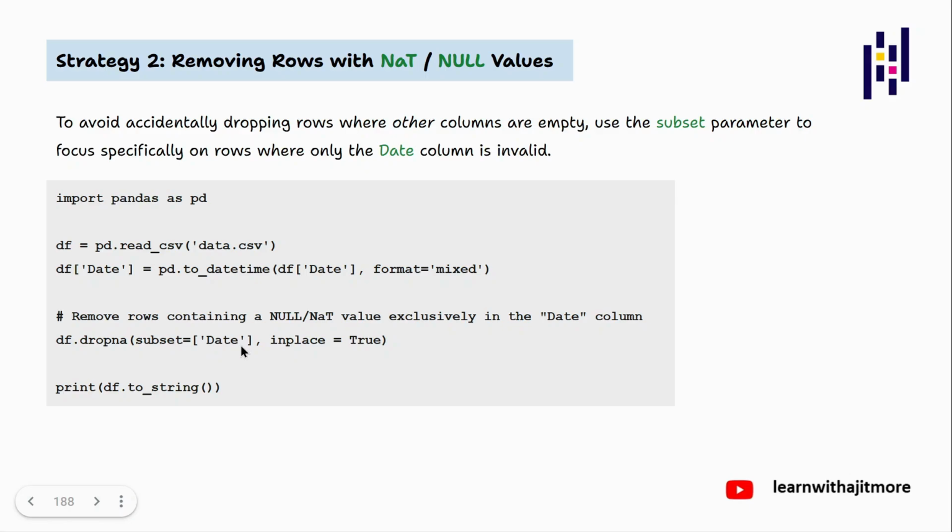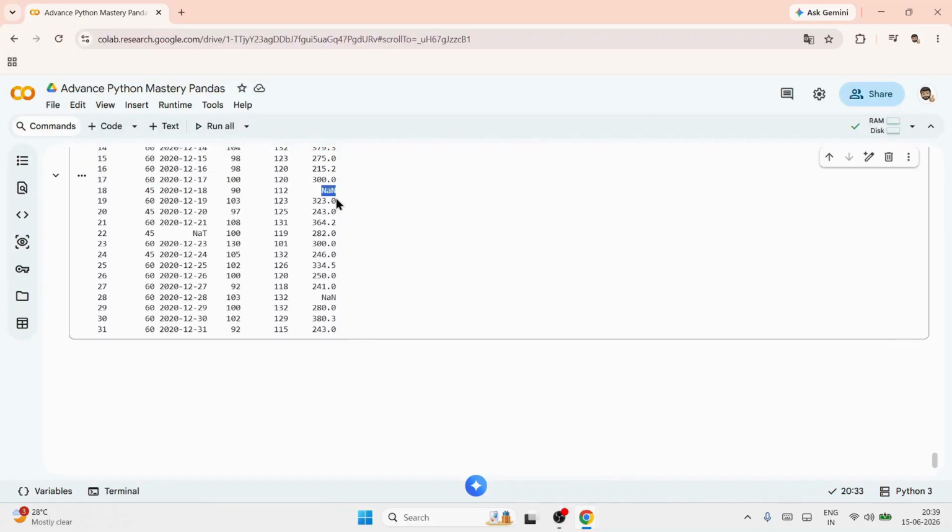As you are passing the column name date, it will drop only those rows in which the date column has NaN. And inplace, I hope you know it. Writing inplace=True means it does it in the original. But if you don't use subset, will it remove all the rows in which NaN is there? All rows. So in that, what will happen?